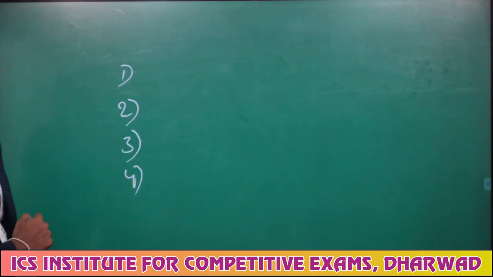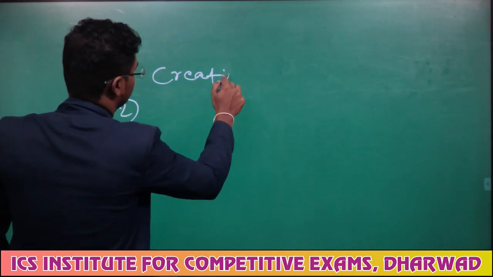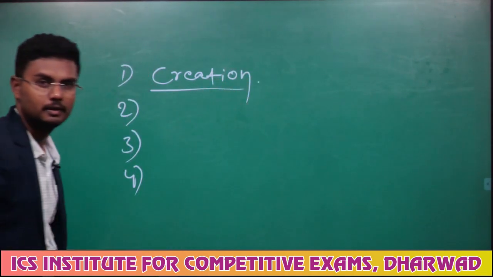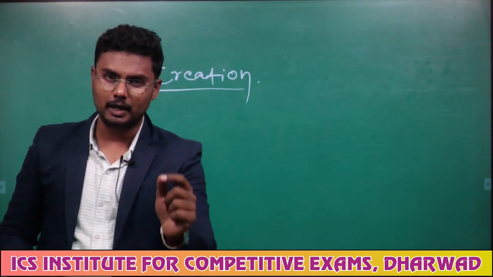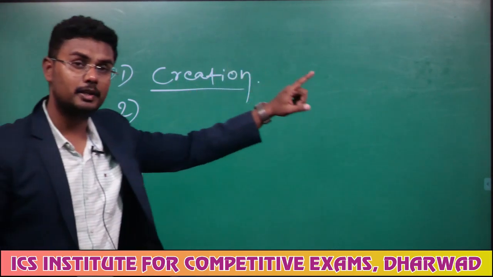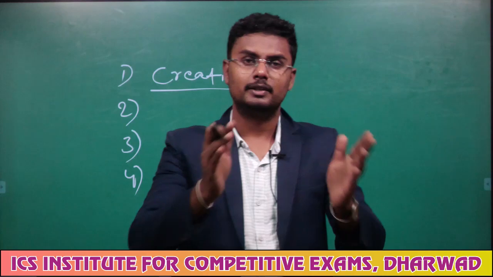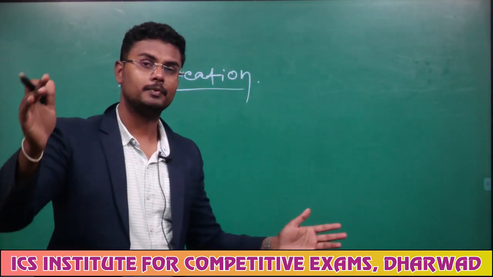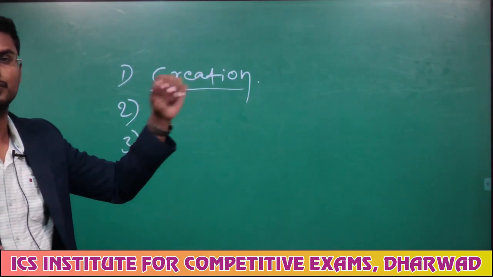four powers. That is creation of new states. Article 3 talks about the powers of Parliament of India with respect to creation of new states. This creation can be by clubbing the existing states or breaking away the existing states, or incorporating a foreign territory and converting it into a new state.